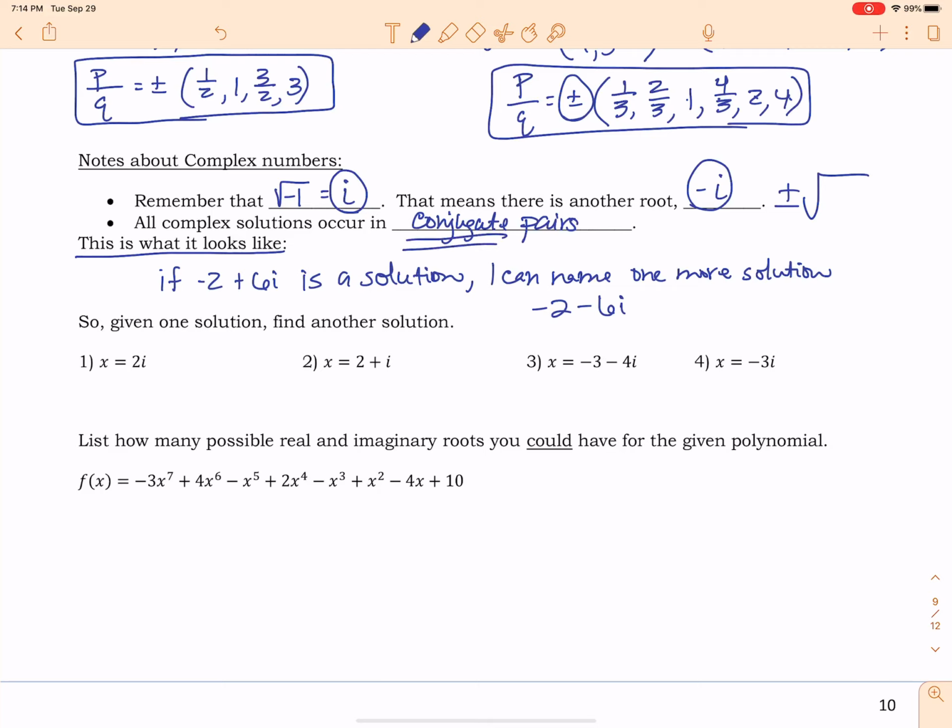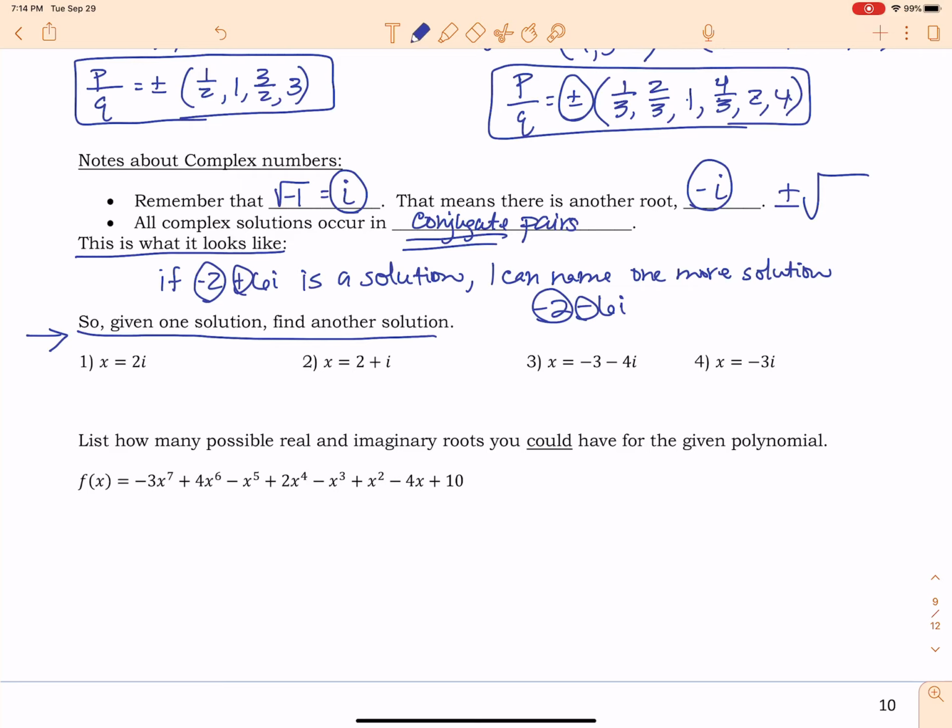That's what it means to be a conjugate pair, because the sign for i needs a positive one and a negative one. Notice that the 2 is negative in both of these solutions, but that the i has a positive and a negative. So in these examples, if I give you one solution and it has an i in it, you should be able to come up with another one. Because if you've got one solution with an i, there's going to be another solution with an i.